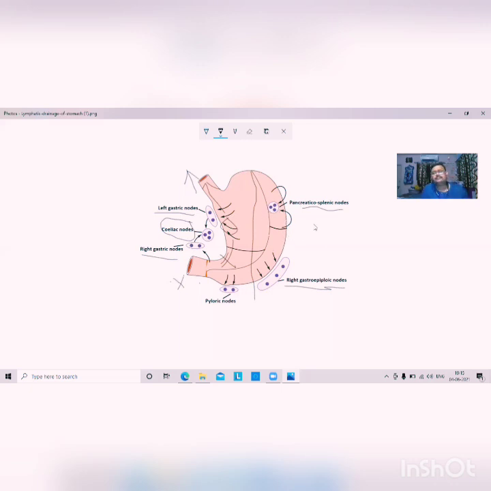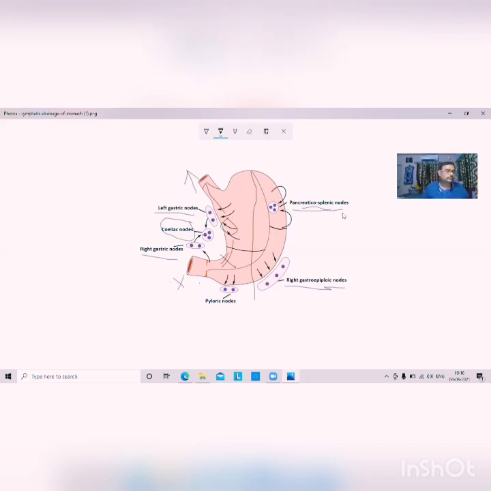Also, the lymphatic channels of the stomach are provided with valves. That is why the lymphatic drainage on the right side of the vertical line is towards the left gastric side, and on the left side of the vertical line the lymphatic drainage is towards the pancreaticosplenic node.